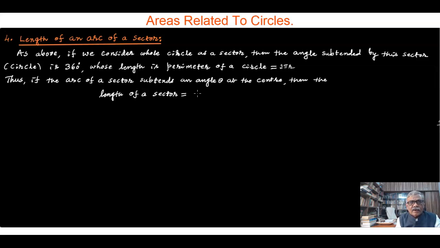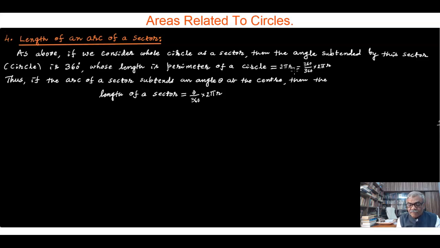is equal to theta by 360 into 2 pi r. Because earlier, in the case of area, I have written 360 by 360 into 2 pi r.